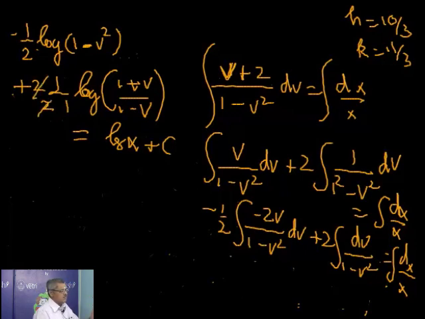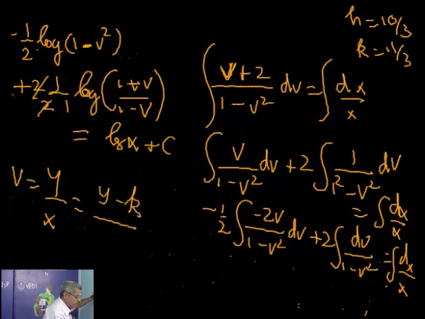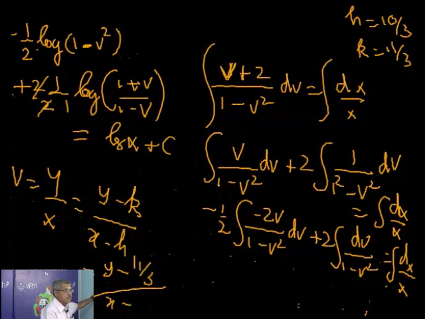So now we are getting a solution. This is a relation connecting v and X, where v is equal to Y/X, capital Y by capital X, because Y = vX is given. Where capital Y is nothing but y - k, and capital X is nothing but x - h, where k is 11 by 3 and h is nothing but 10 by 3.